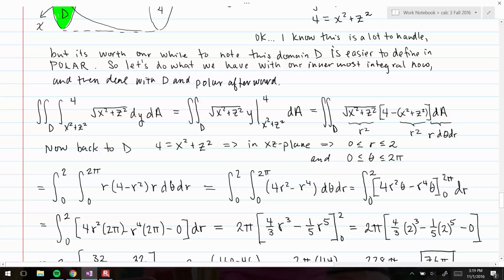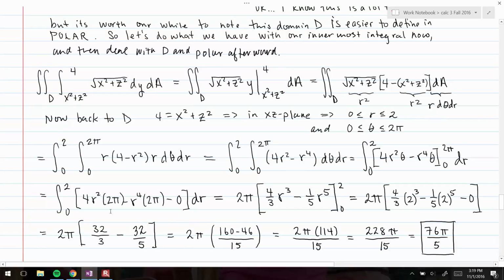And I'm doing that term by term, so I get two thetas. And then I plug in my 2 pi and my 0 with a minus between. Simplify. And then we can go ahead and easily integrate with respect to r, just using the power rule. And then we're going to plug in. And finally simplify, and we get 76 pi over 5.